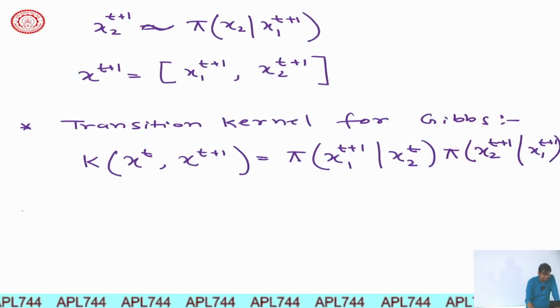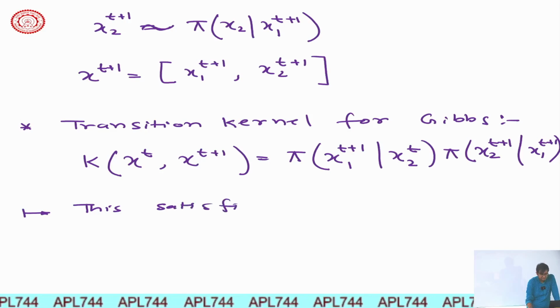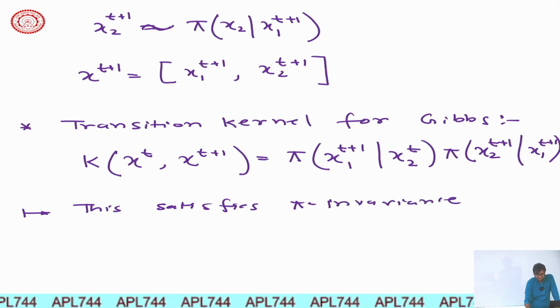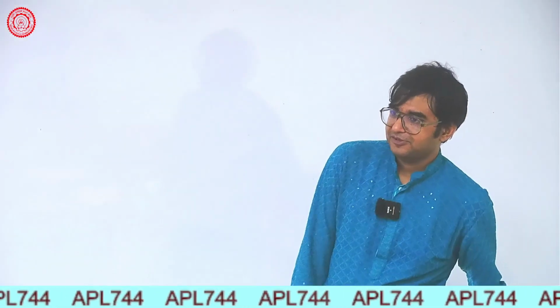Okay. So this kernel satisfies pi invariance. Now who will remind me what is pi invariance? You have to go a little bit back. So let's see.